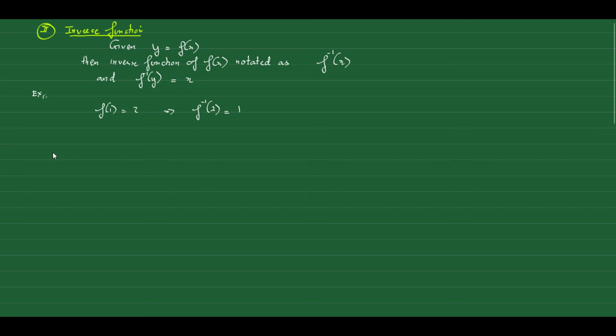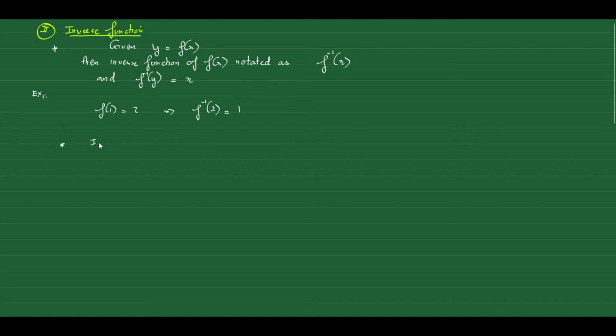If we compose f with g and g with f and both equal x, then they are inverses of each other. So this is the second definition.